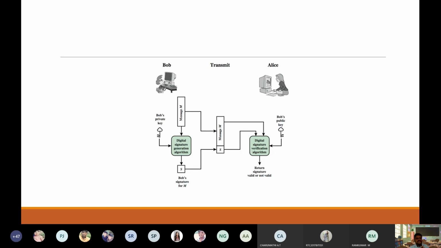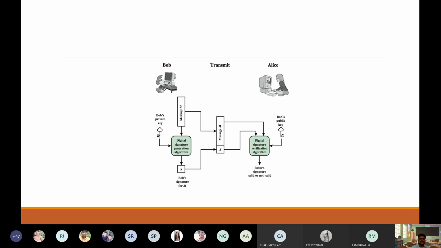You run the digital signature algorithm. We can see the digital signature algorithm in later slides, right? So by using the digital signature generation algorithm, a signature will be generated, and that signature is concatenated with our original message. Clear?